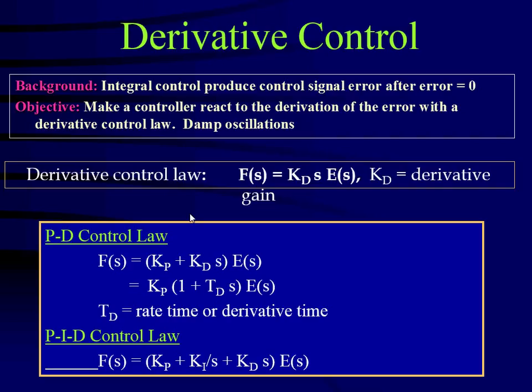You see the background is integral control produces a control signal error and an unstable system. Now we would like to make a controller that will react to the derivative of the error, with the derivative control law. This is the equivalent of inducing damping in your system.